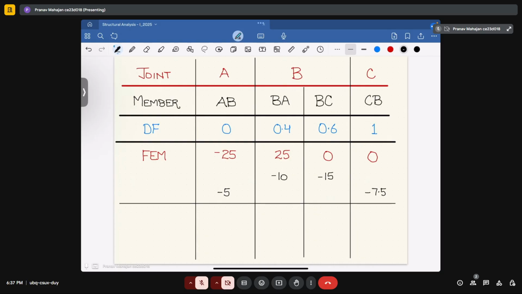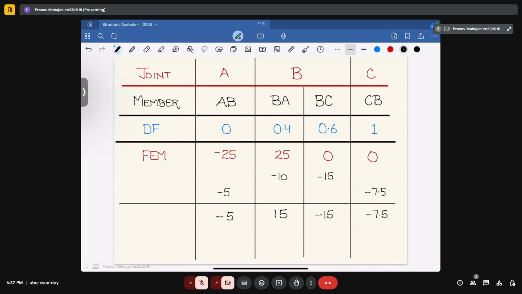Now if you do the total, here it is plus 15, here it is minus 15, here it is minus 7.5, and here it is minus 5.